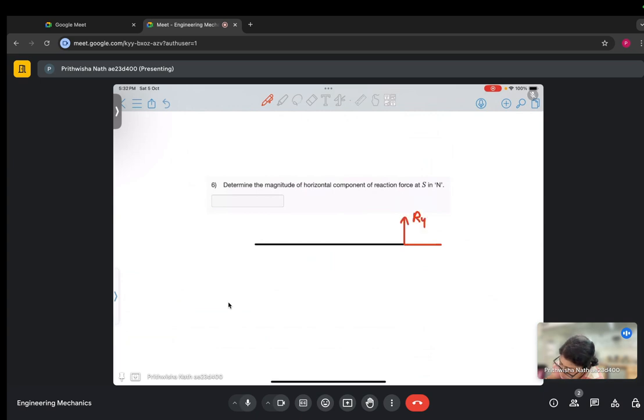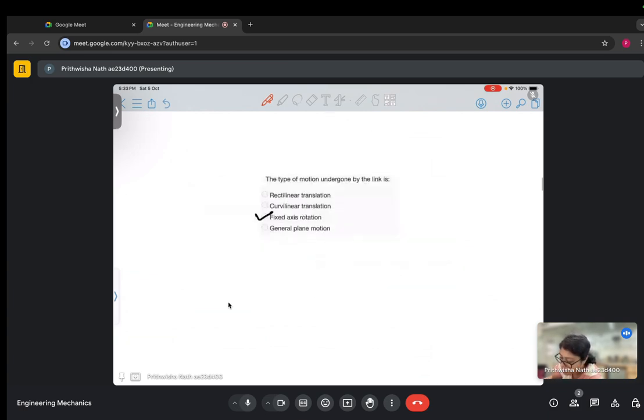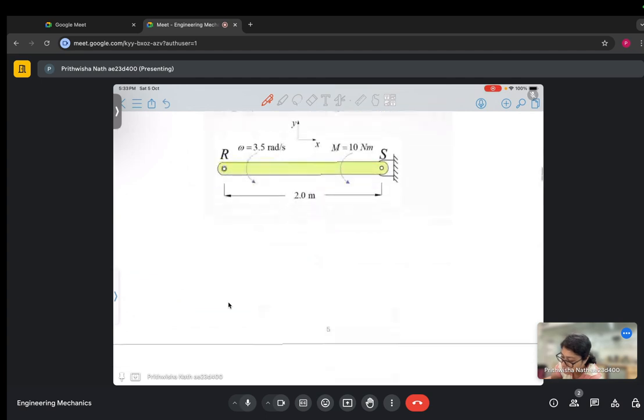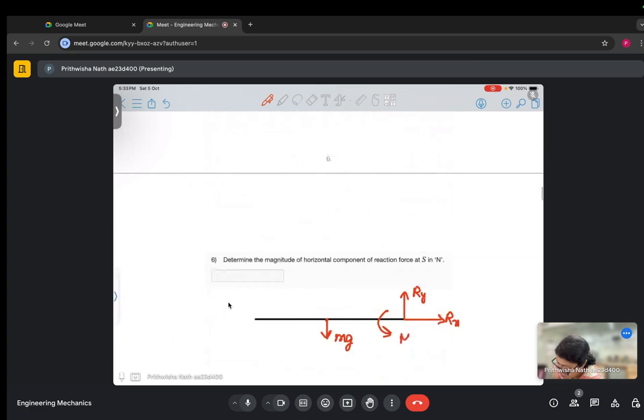Suppose this is Ry and this is Rx. So here mg is acting downwards, and here is a moment which is given in the problem. Moment is 10 Newton meter.